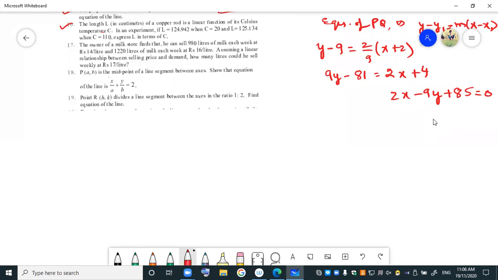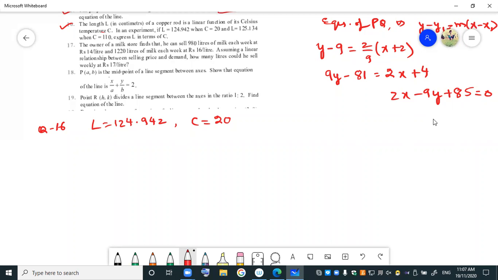In an experiment, when the temperature was 20 degrees Celsius, the length of the rod was 124.942 centimeters.